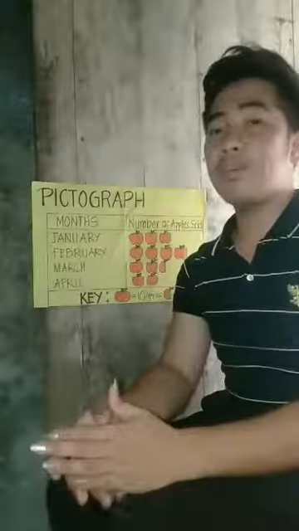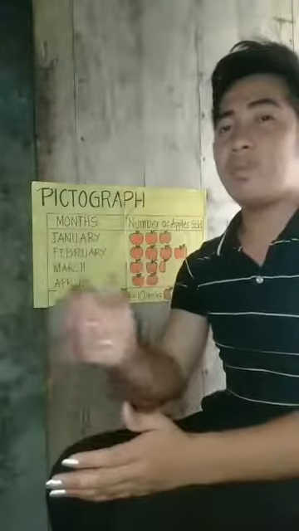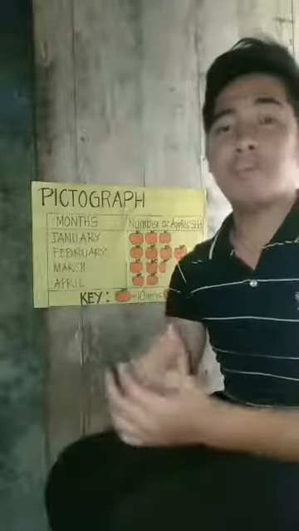So this is an example of pictograph, and as I said lately, a key in a pictograph denotes the value of symbols. So here the key is where one apple picture means 10 apples, and one half apple picture means 5 apples.